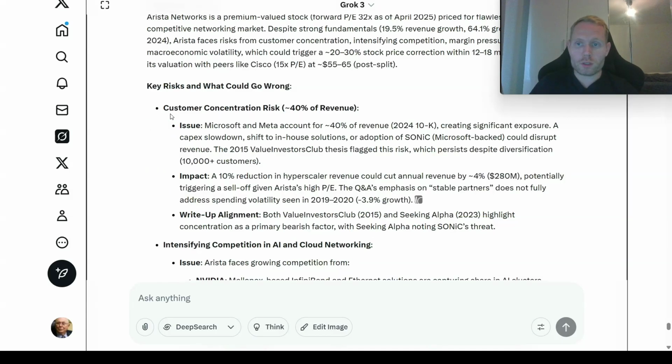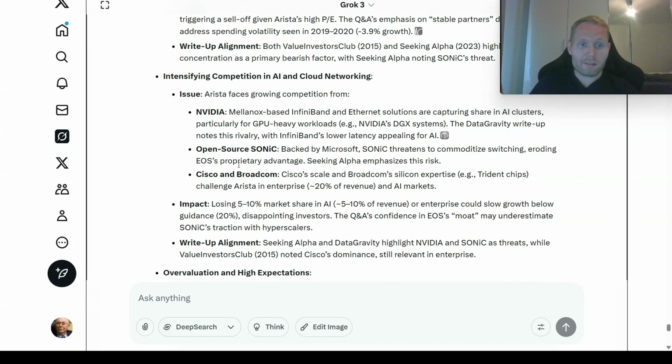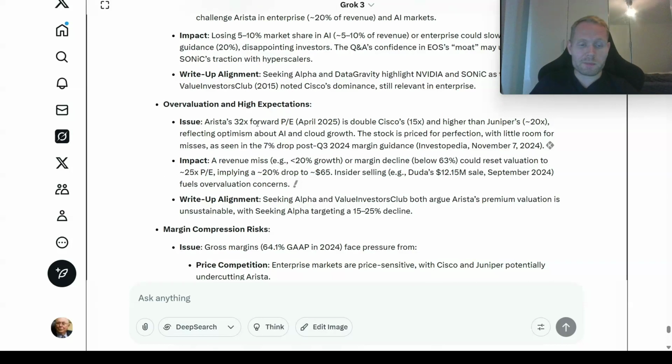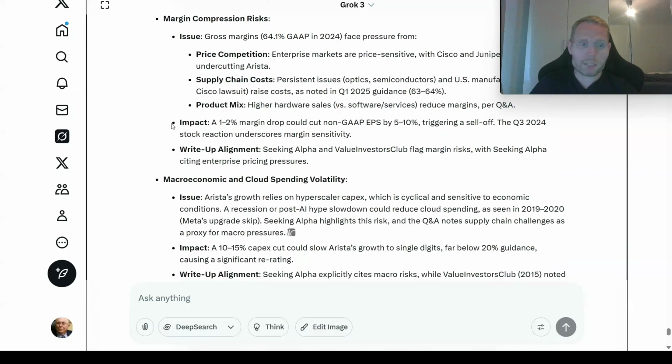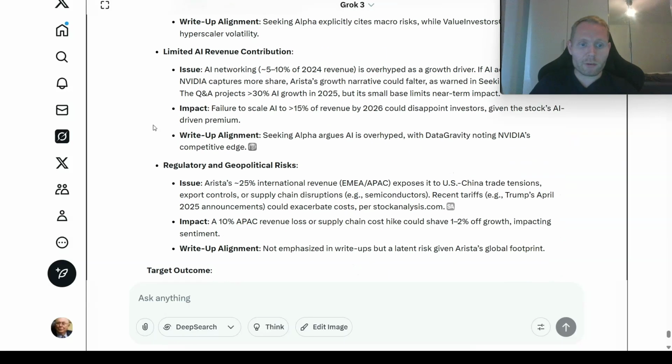Like we have touched on a couple of times: customer concentration risk, intensifying competition in AI and cloud networking, NVIDIA, open source SONiC, which is from the short report from Seeking Alpha in 2023, Cisco and Broadcom. Overvaluation, high expectations, margin compression risks, macroeconomics and cloud spending volatility, limited AI revenue contribution, regulatory and geopolitical risks.